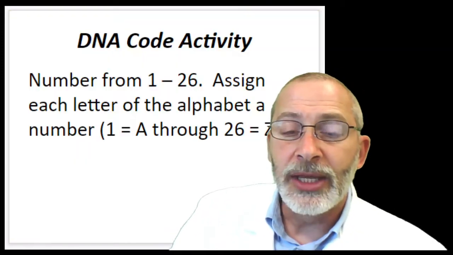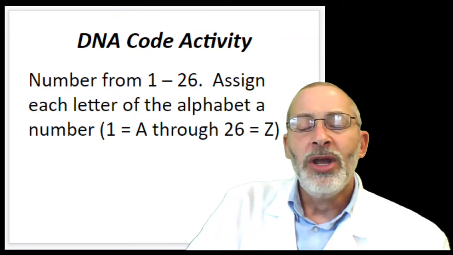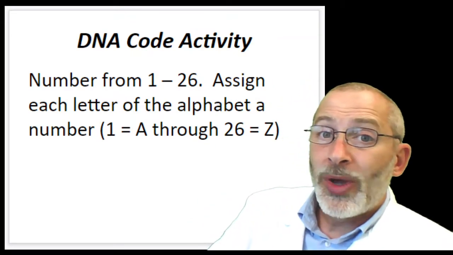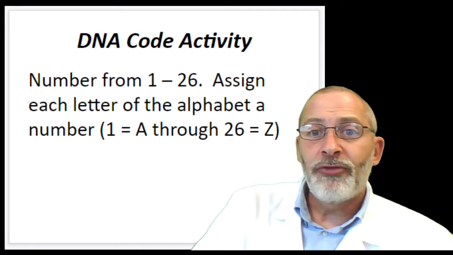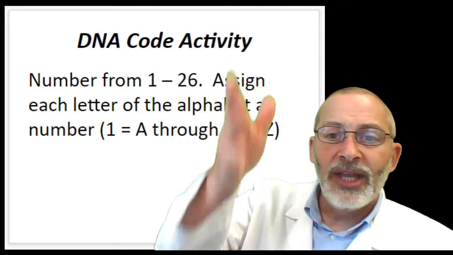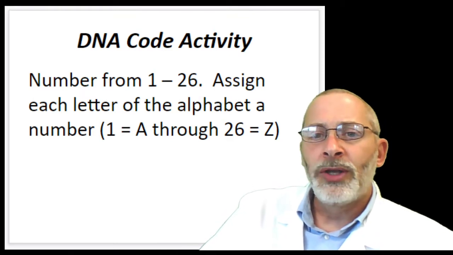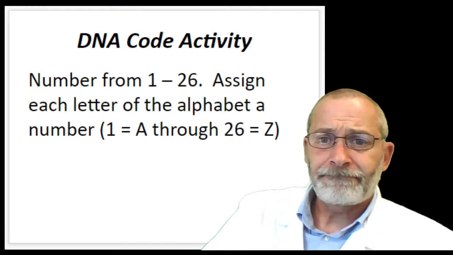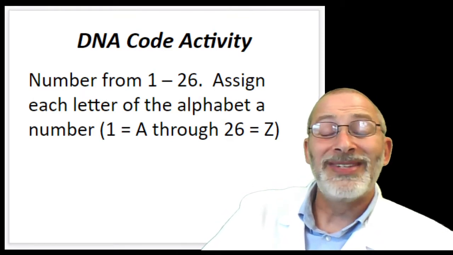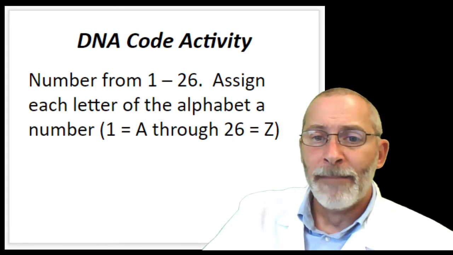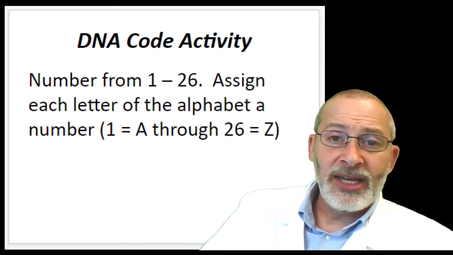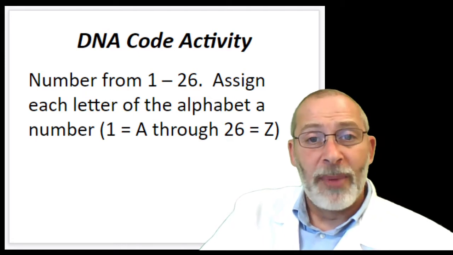The first thing I would like you to do is number from 1 to 26. Just a list. You can have separate columns if you need them. Next to each number, assign a letter of the alphabet.